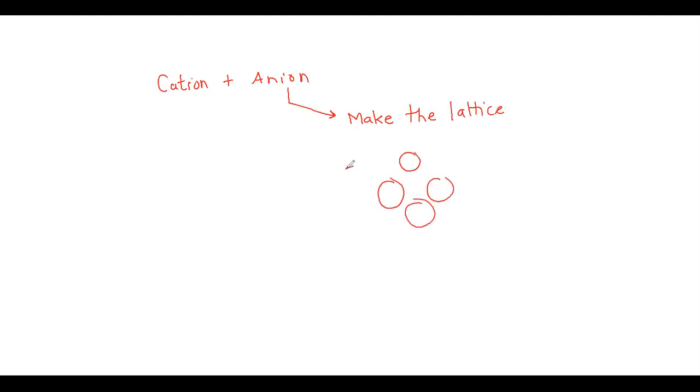There will be an empty space between them. This is the void space between them. And this will be filled with cations because cations are small in size, anions are larger in size. So cations can go and fit inside this empty space. So lattice is made of anions. Empty space created, tetra or octahedral, whatever they say, will be cation.